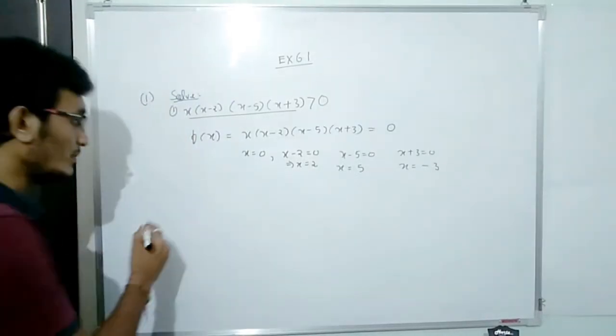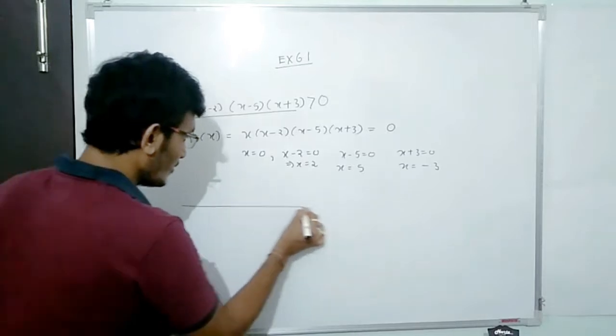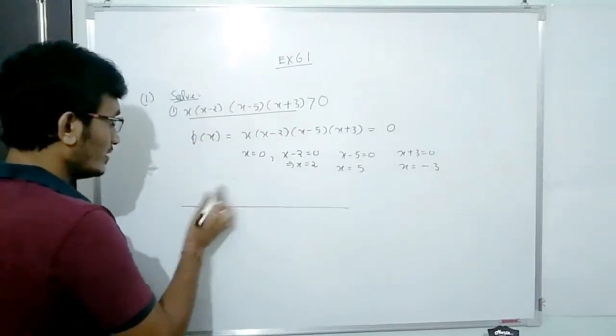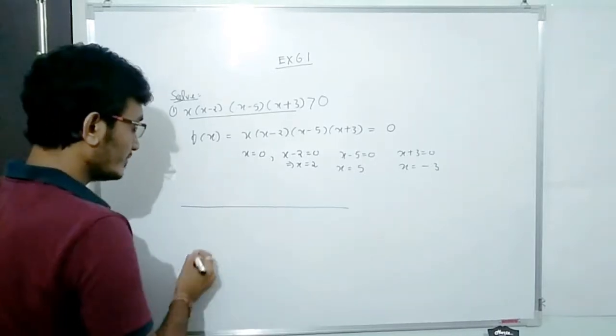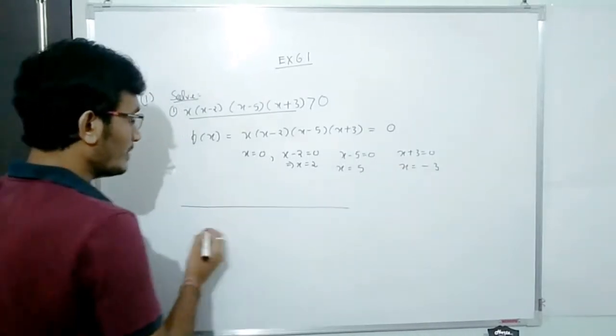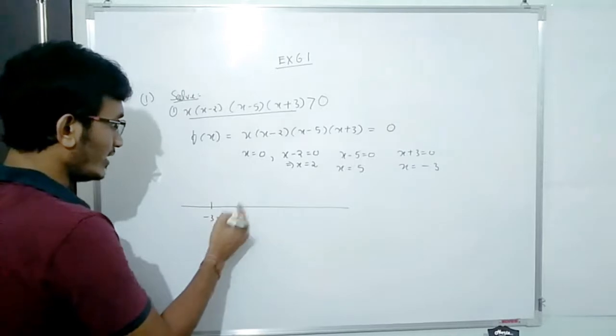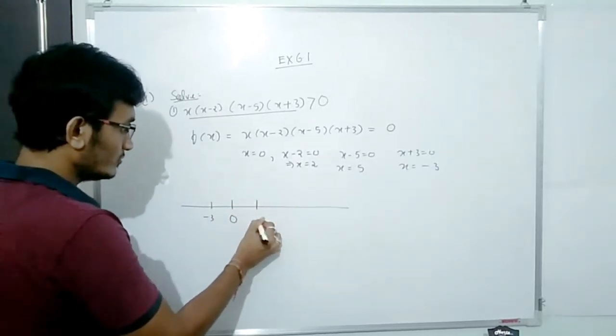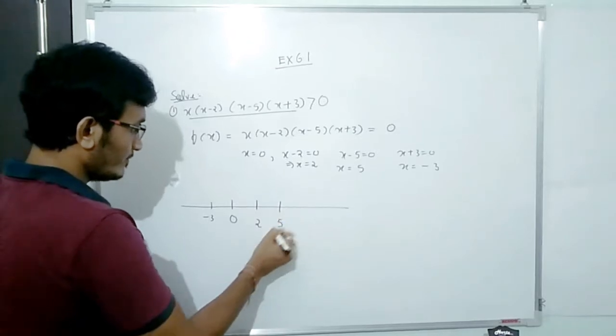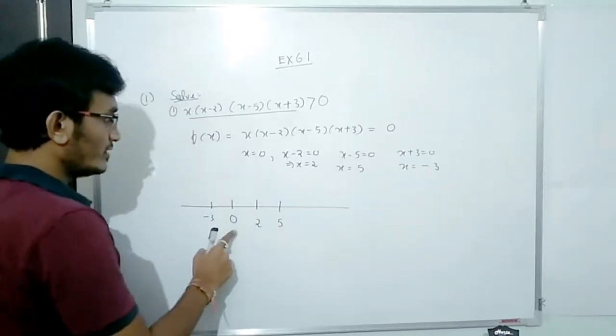In step number 2, what to do? We should mark the points. Whatever points we are getting, we should mark on the number line. This is the negative side, so you just mark minus 3, then 0, then 2, then 5. So it's minus 3, 0, 2 and 5.